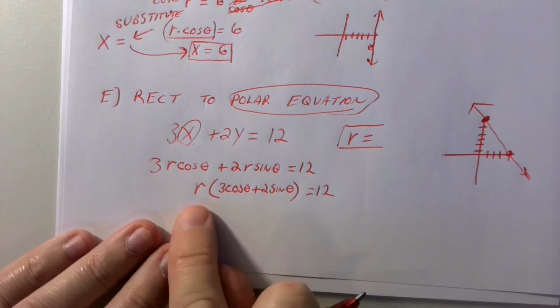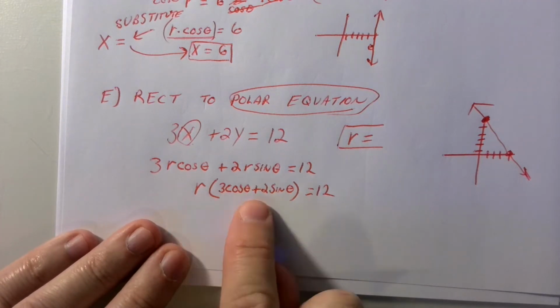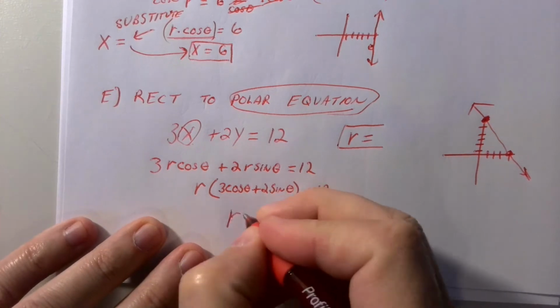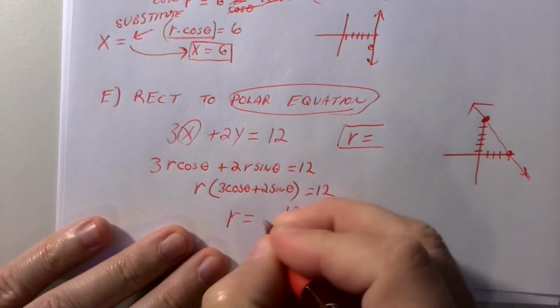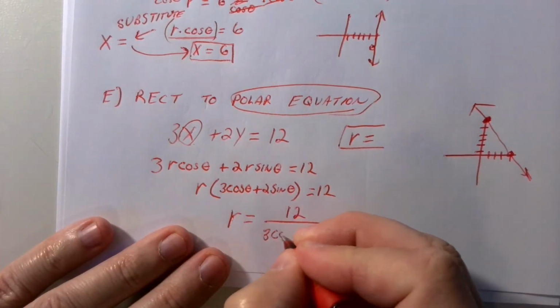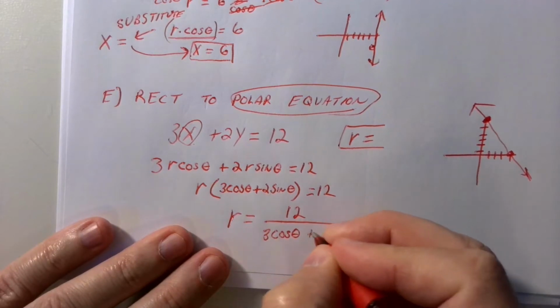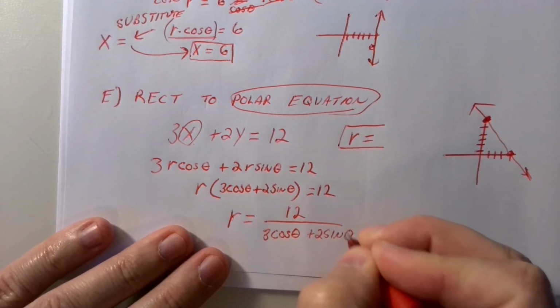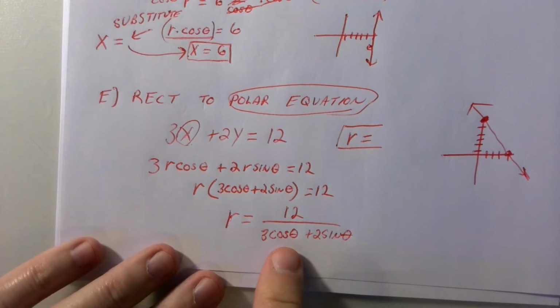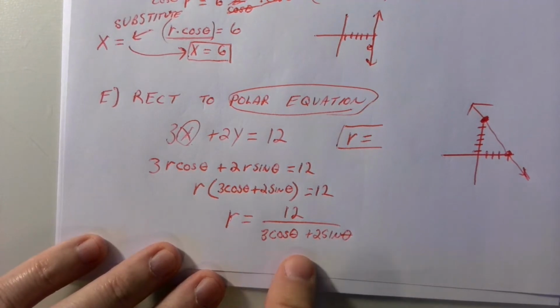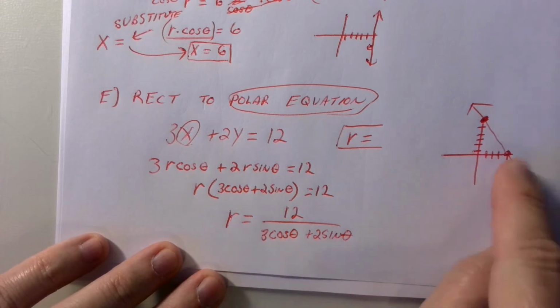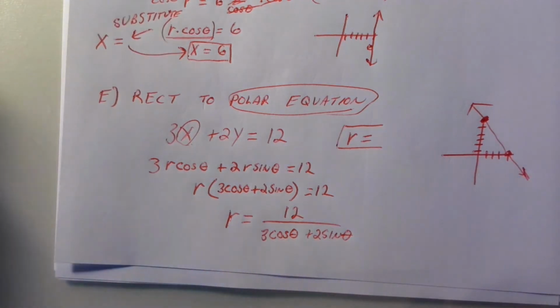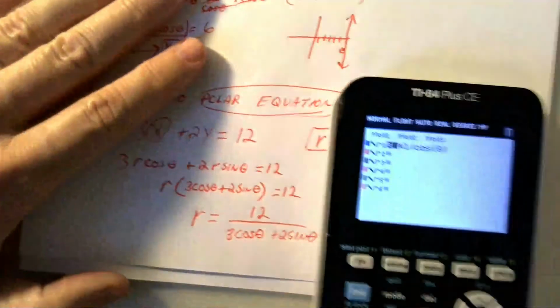Well, how do I get this r by itself? It's multiplying this, so let's divide by that. So r equals 12 divided by 3 cosine theta plus 2 sine theta. And it's my belief that this right here is a polar equation for that diagonal line over there. So let's give it a shot.